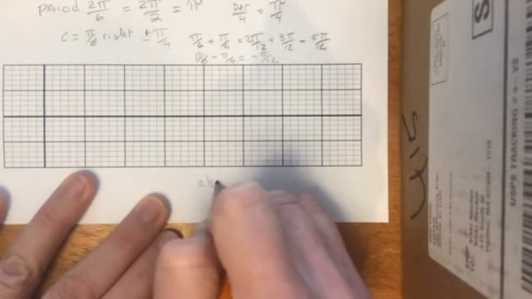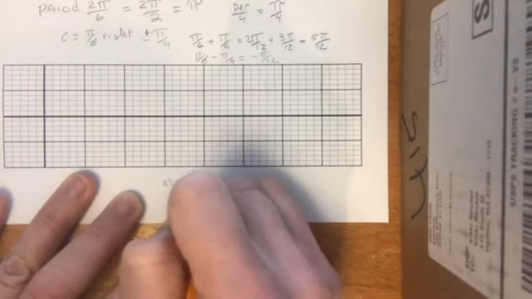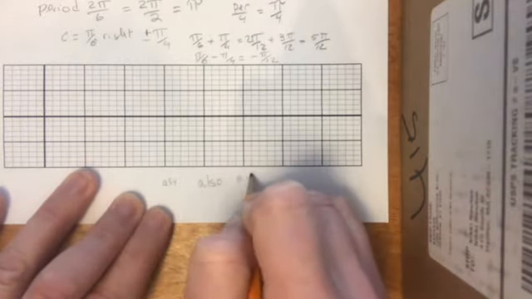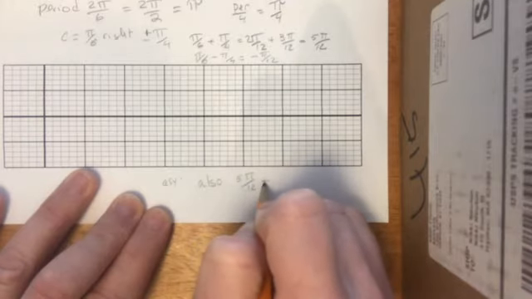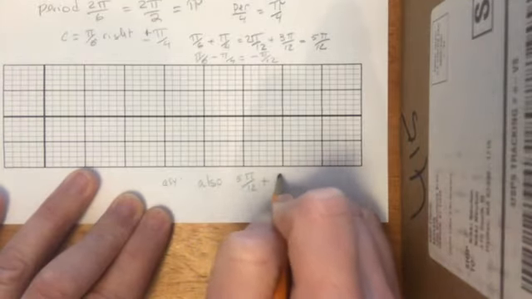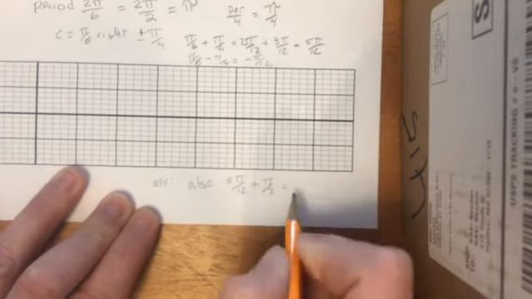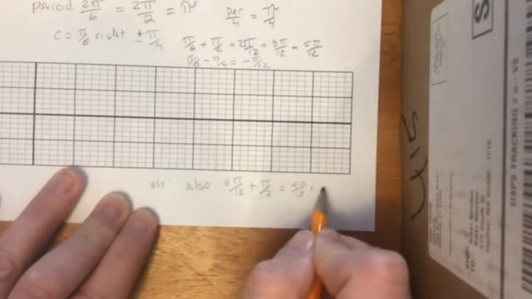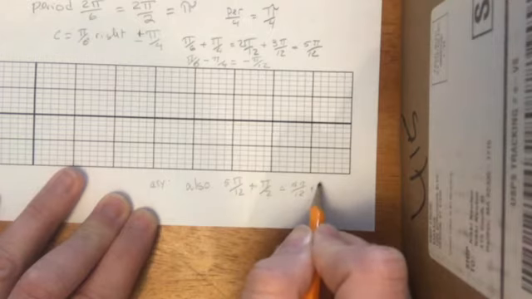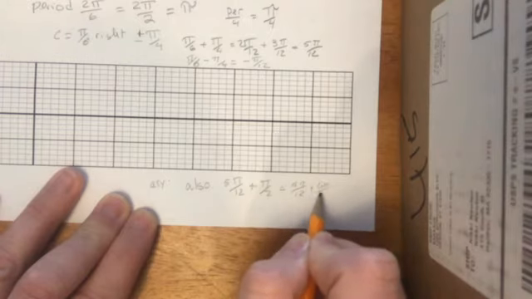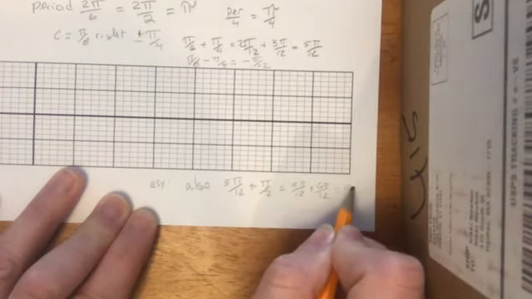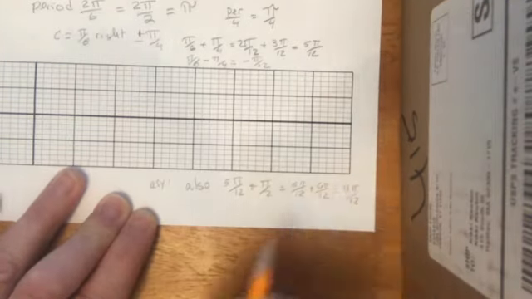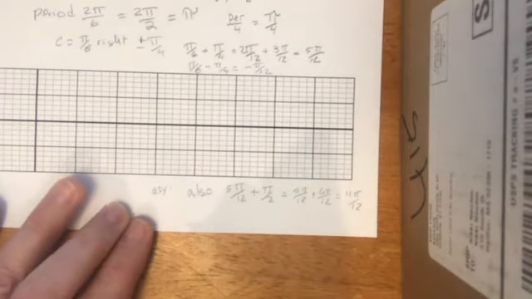So also another asymptote at 5 pi over 12 plus half the period, which is pi over 2. So that would be 5 pi over 12 plus 6 pi over 12, so that would be 11 pi over 12. Okay, I'm ready to label my axis.